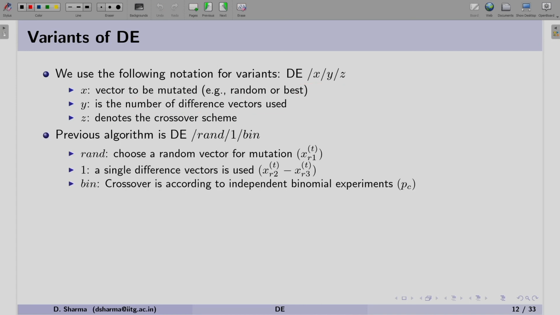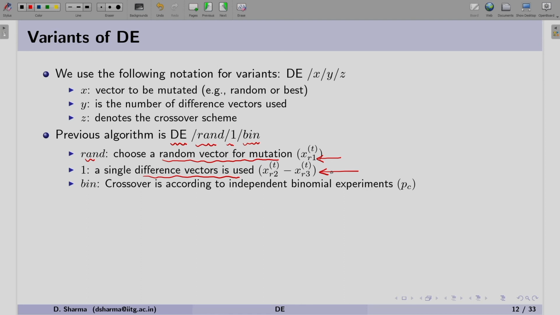What is that? The algorithm which we have just discussed is DE/rand/1/bin. Here 1 means one difference, and bin means binomial. Let us see that. Random means we are going to choose a vector for mutation, so we selected R1. 1 means a single difference vector is used, so we have used a difference between R2 minus R3.